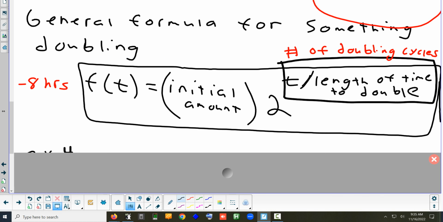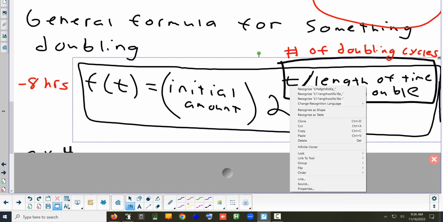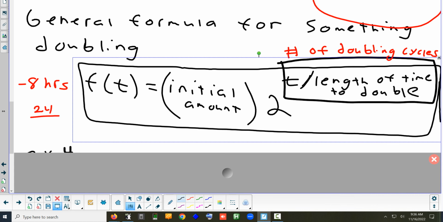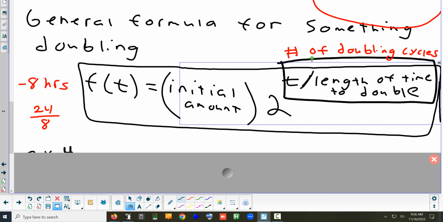How many times would it double in a full day? 3. That's why if you take how much time has gone by, I said a day, so that's 24 hours, and divide by the length of the time to double, 24 divided by 8 will give you 3, and that's what this exponent needs to be, the number of times it doubled, not necessarily the number of hours that have gone by.